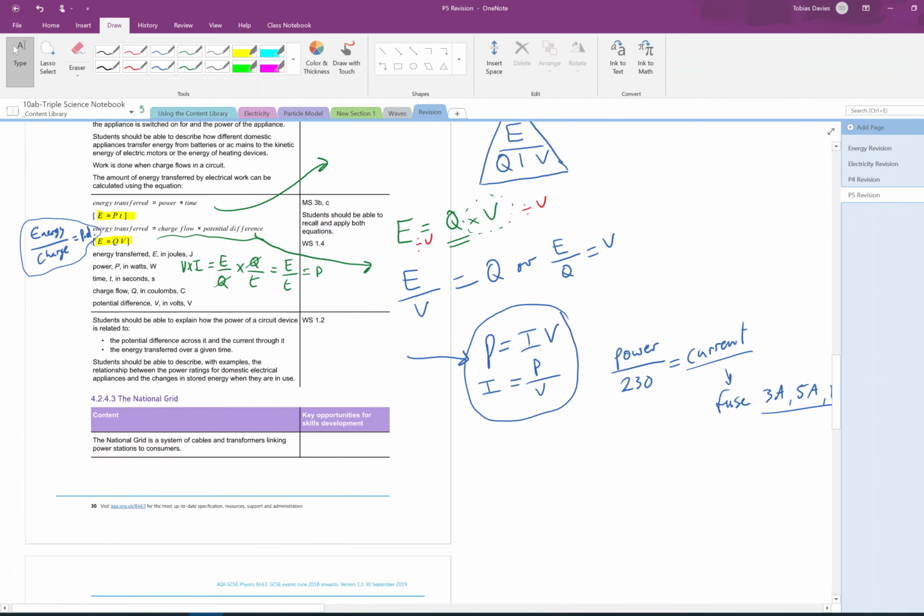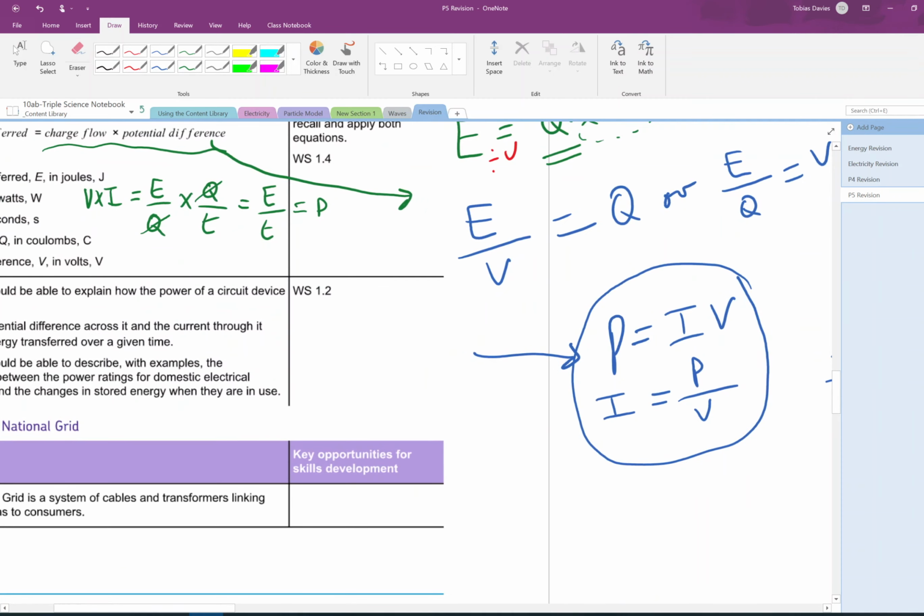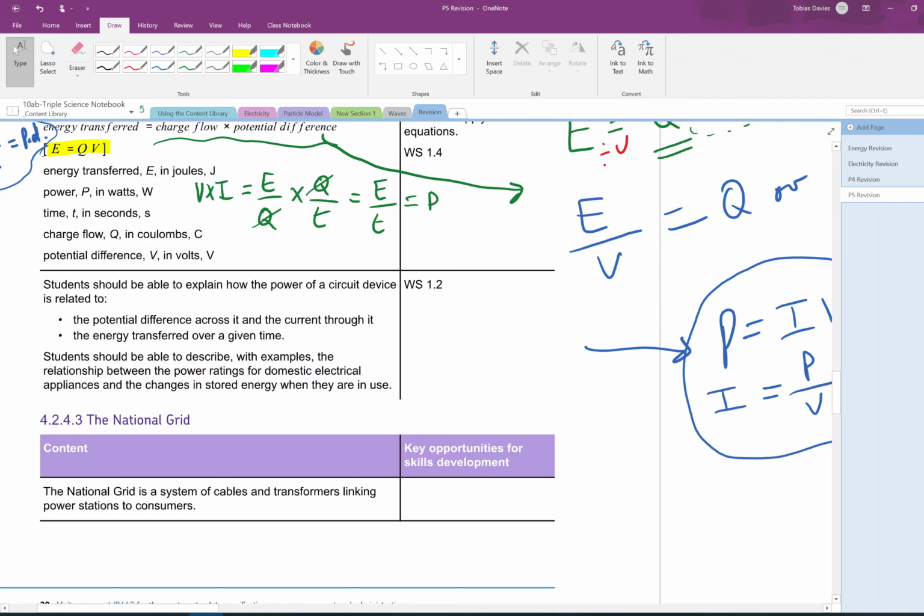The other thing then is looking at fuses. You should be able to explain how the power of a circuit device is related to the potential difference and the current, so P equals IV, or you could look at the energy over time is also equal to power.